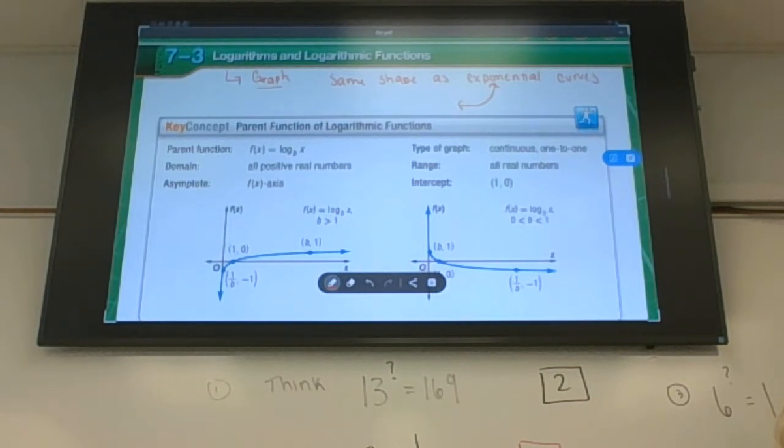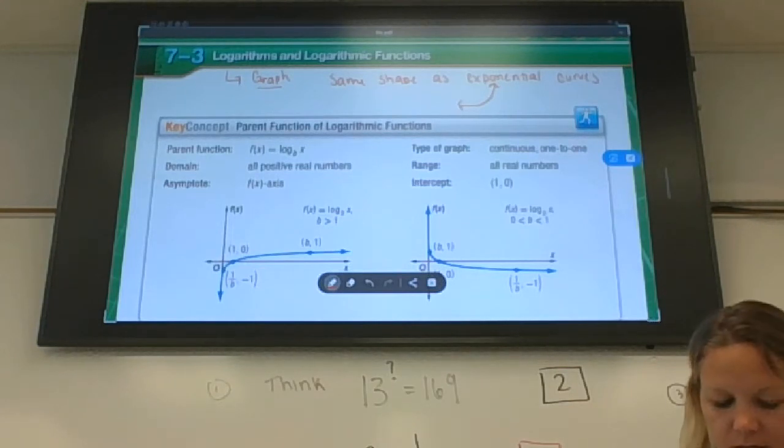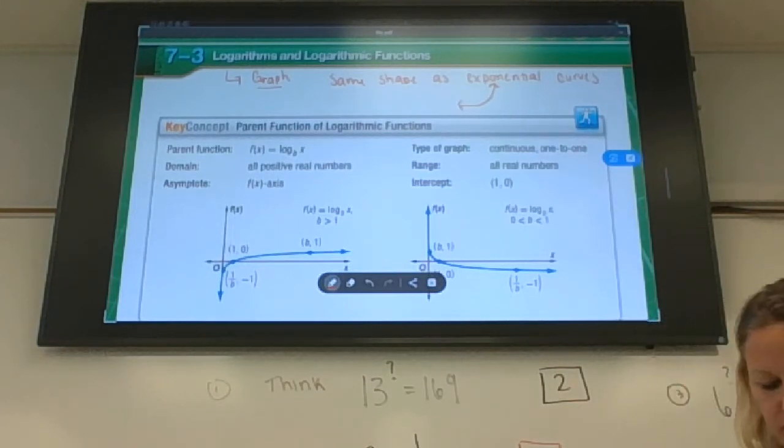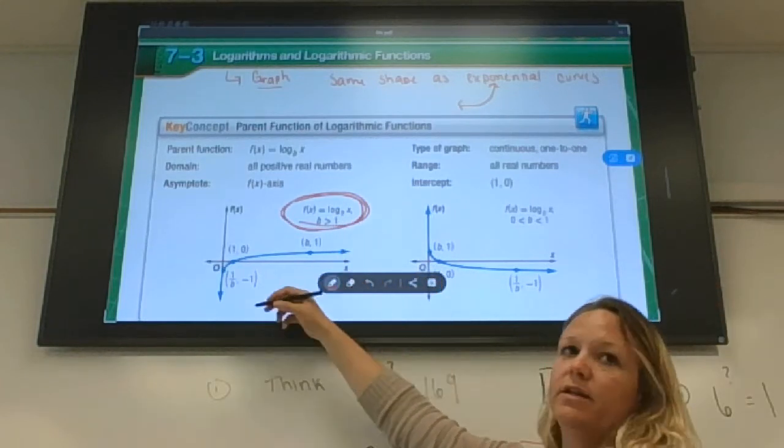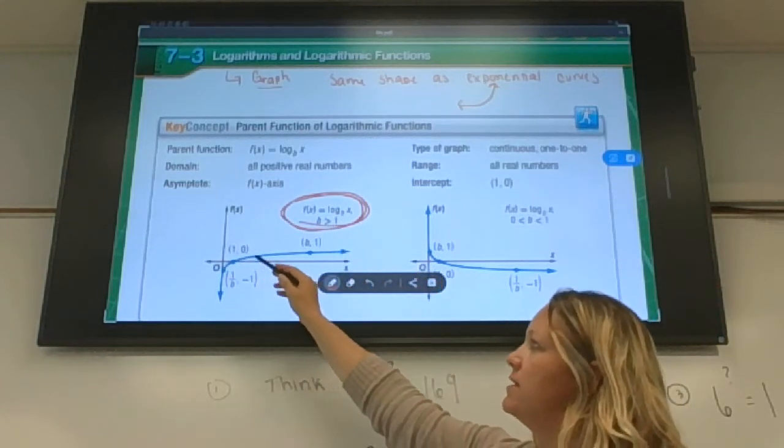I think out of all of this information, this is right in your textbook. I don't expect you to copy all of this down. What's important is right here. If the base is greater than 1, the shape will go like this.